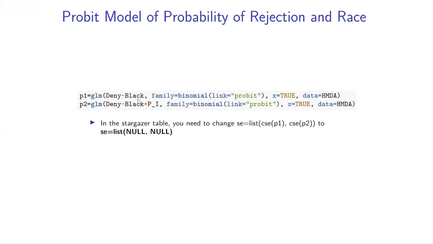In the second argument, you specify that family is equal to binomial, because in this case, our outcome variable is a binary variable. Within the parentheses, you will specify link is equal to Probit, indicating that you're estimating a Probit model. If you don't specify a Probit model in the second argument, then by default, GLM will estimate a logit model for you.